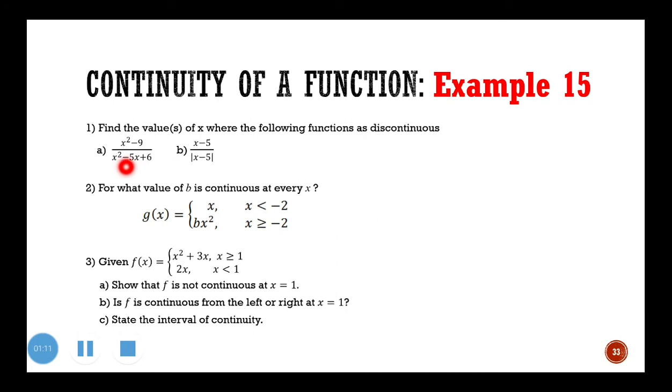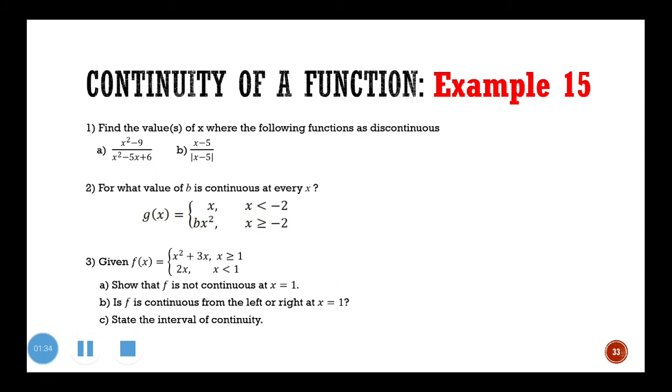For a, we have x squared minus 9 over x squared minus 5x plus 6, and for b, we have x minus 5 over modulus of x minus 5. These two functions are both what we call rational functions, f(x) over g(x).